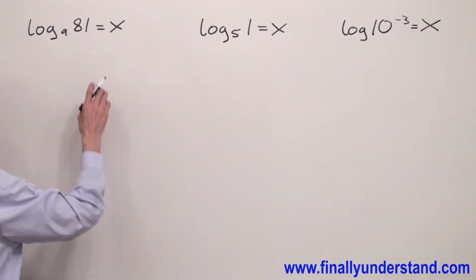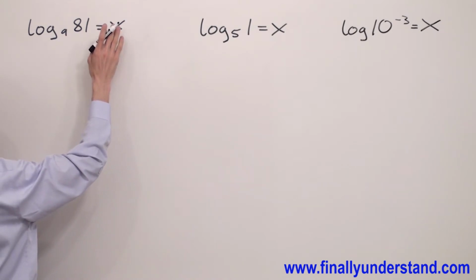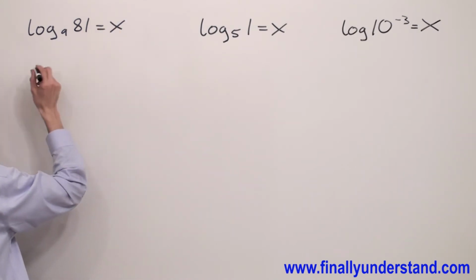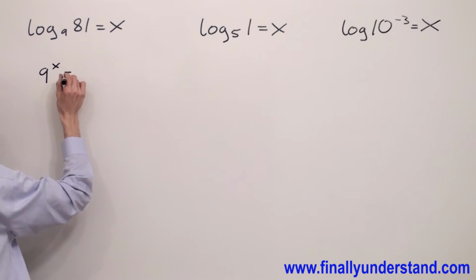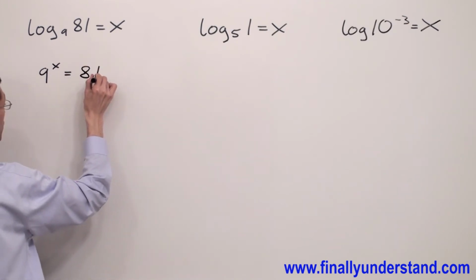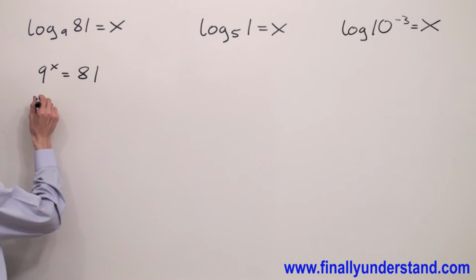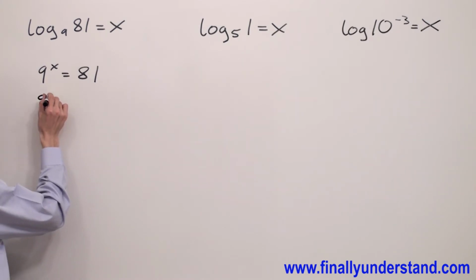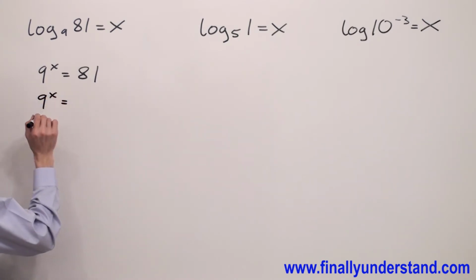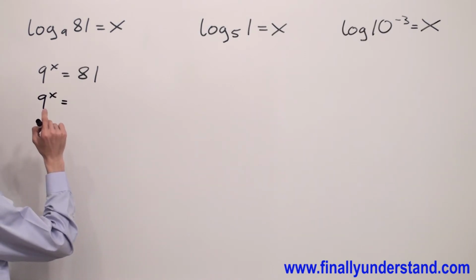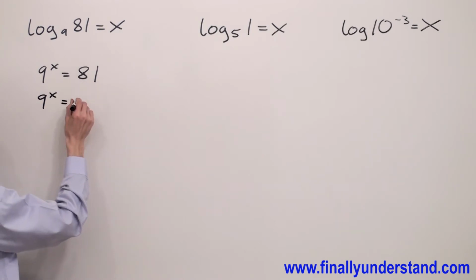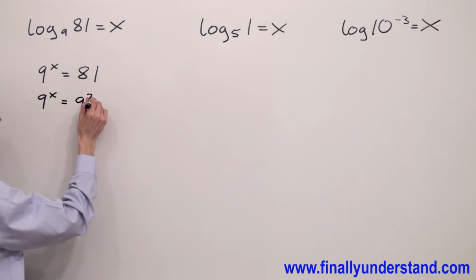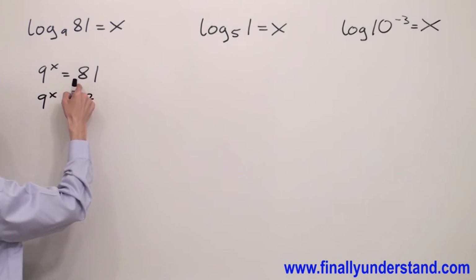So, in order to find the value of x in this case, we're supposed to convert the logarithmic form to the exponential. I have 9 to the x equals 81. Copy down the left side and you are going to have 9^x equals, and ask yourself, 9 raised to what power is going to give me 81? 9 raised to the second power gives me 81.